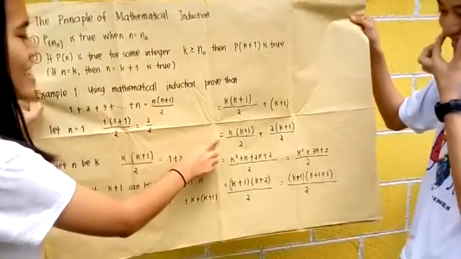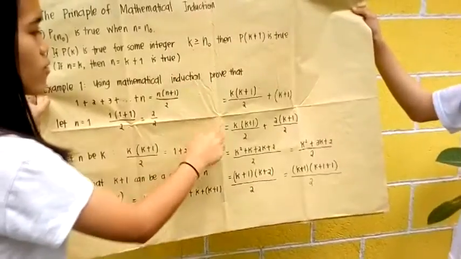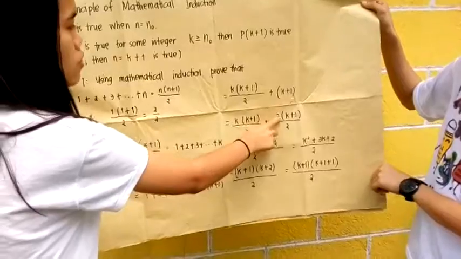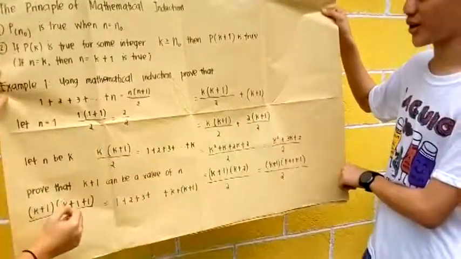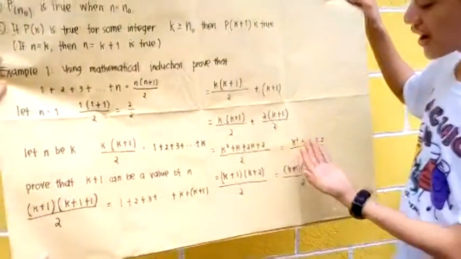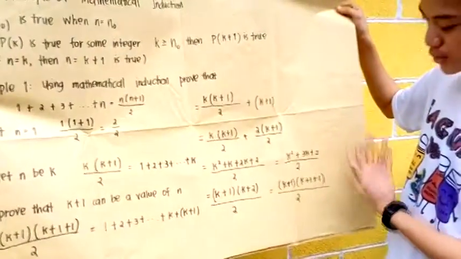So it will be equal to k times k plus 1 over 2 plus 2 times the quantity of k plus 1 over 2. Then we will have the quadratic equation here, k squared plus 3k plus 2 over 2.